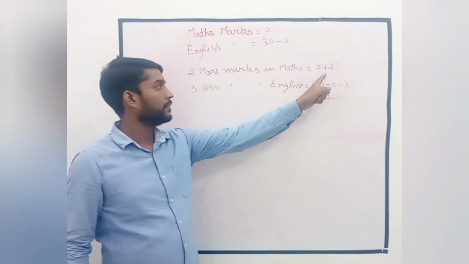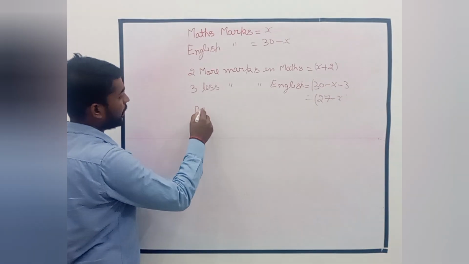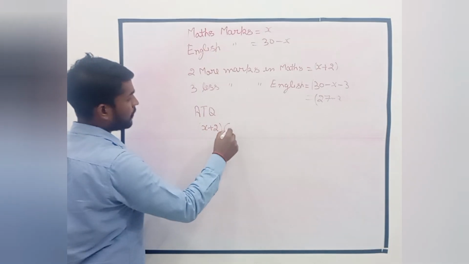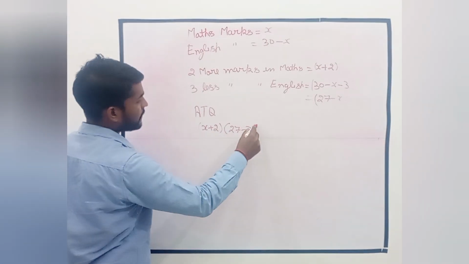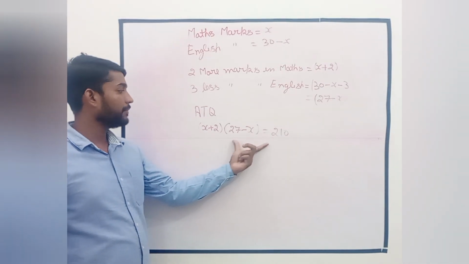and they are asking the product of these is 210, and according to the question x plus 2 and 27 minus x equal to 210, and we form the quadratic equation from this.